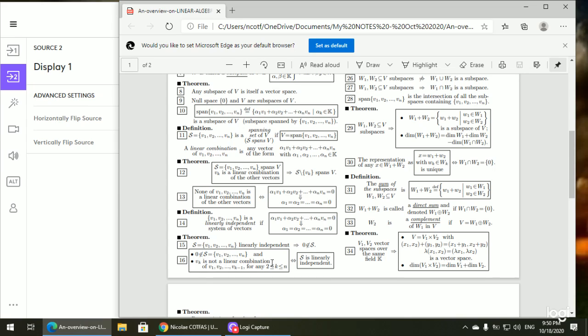Here is a possibility: these are sufficient conditions in order to have a linearly independent system. If a system does not contain the null vector, and Vk is not a linear combination of the vectors written before it, and this happens for any k, then we have a linearly independent system. These are necessary and sufficient conditions to have a linearly independent system of vectors.